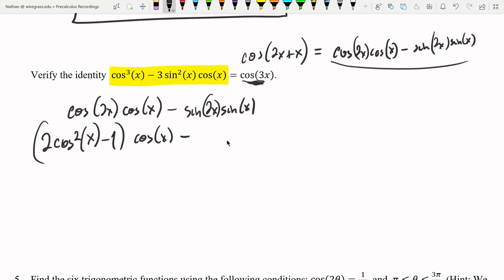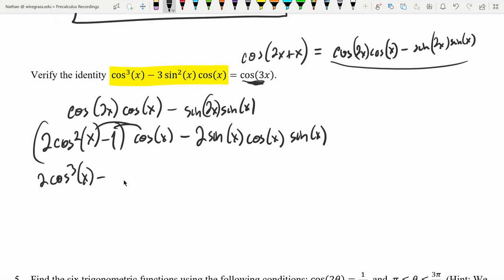And then sine 2x is going to be the same thing as 2 sine x cosine x. And we get sine x there. So let's distribute the cosine and see what we get. We're going to get 2 cosine cubed x minus cosine of x minus 2 sine squared x cosine of x.